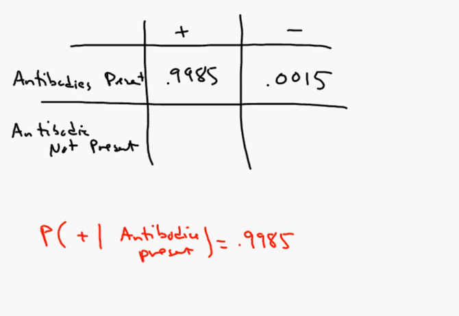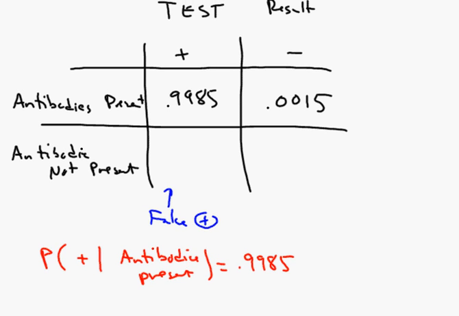Okay. Some other numbers that matter. It's also the case that sometimes people come in and get what's known as a false positive. And that category goes right here. This is the false positive people. Unfortunately, these people have been told that they have the antibodies in their bloodstream, but they really don't. So if someone comes in without antibodies present, there's still a 0.6% chance they'll be told that they do.